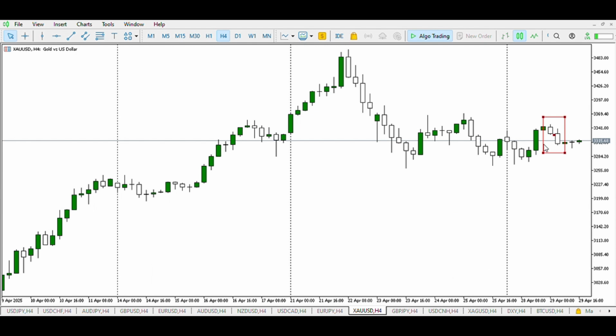Now on gold, for instance, you can see this order block here. This will be the last example for this class, although we are going to have more lessons on this. Let's mark 50%.